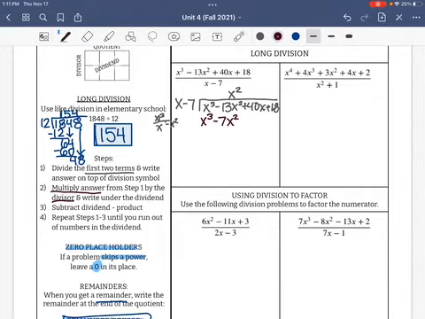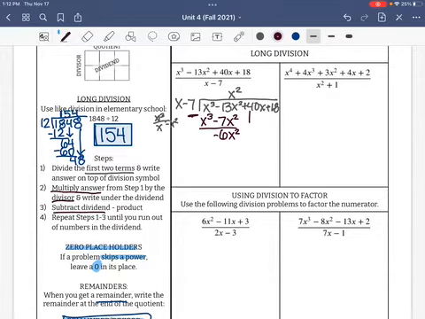Then your next step is to subtract the dividend minus that product that we just wrote. So basically you're going to subtract these two things. Just be careful because when I do -13 minus -7, that's actually -6x squared. Because subtracting a negative turns into a plus.